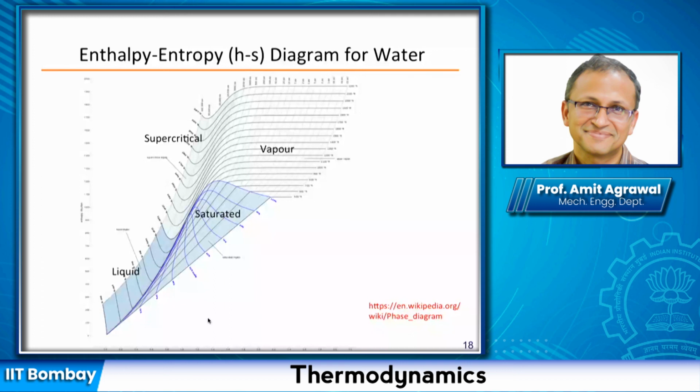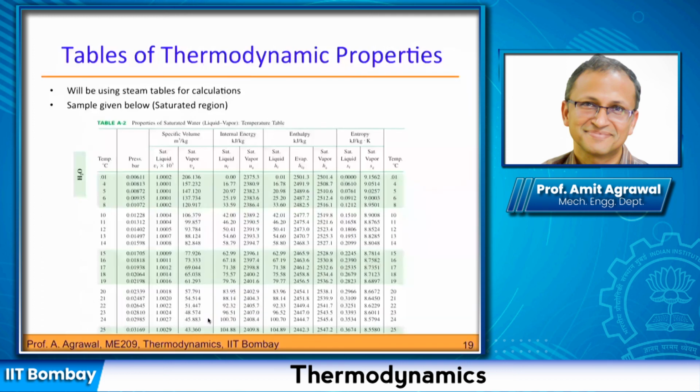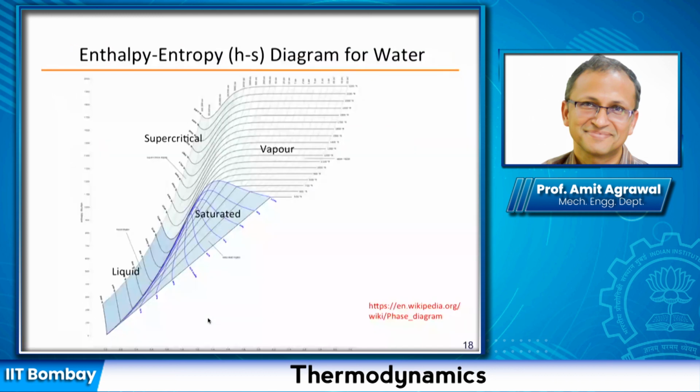But what we'll be working with is actually steam tables, because these charts are good to look at and give you an overall sense of how things are, but if you want to really do a calculation based on these charts, it becomes very painful because you have to read very carefully, and it is very difficult to read anything to decimal places.